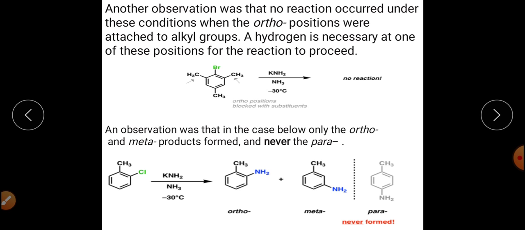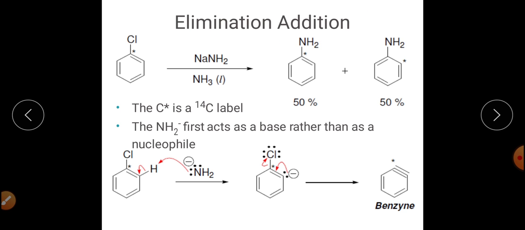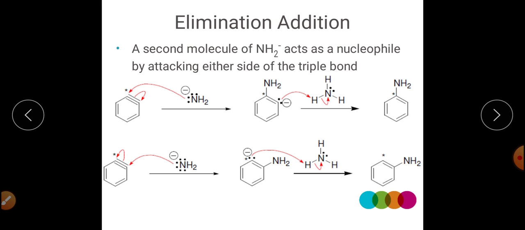We can see in the mechanism that this particular hydrogen, the hydrogen attached at the ortho position, that is, this is your ortho position. So this carbon is bearing the hydrogen, so this H positive will be eliminated. Meaning the necessary condition for this mechanism to happen is there should be a hydrogen at the carbon ortho to the leaving group.